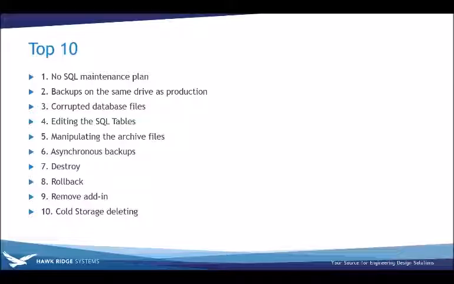Those would be, in terms of my own personal opinion, the most severe things that could ruin a vault or remove important data or take a really long time to get you back up and running if you did encounter some of these issues. Because there was no SQL maintenance plan, or someone edited the SQL tables, those kinds of things.